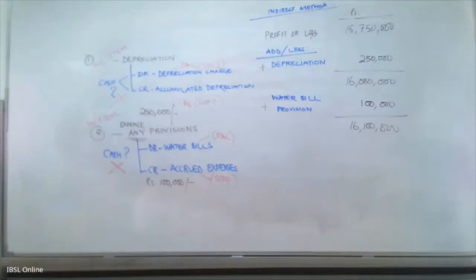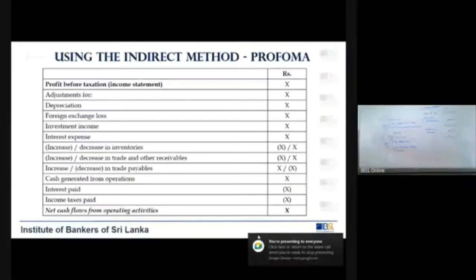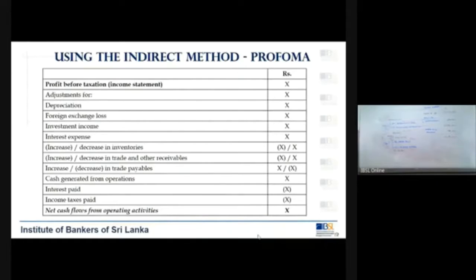Right, so let's go back to the presentation. This is the template when you use the indirect method. I'm not recommending that you memorize it, but this is the standard format used for the indirect method.